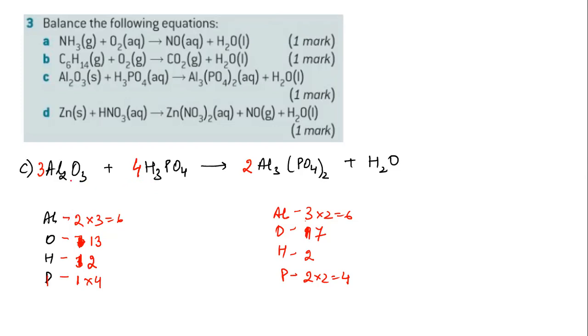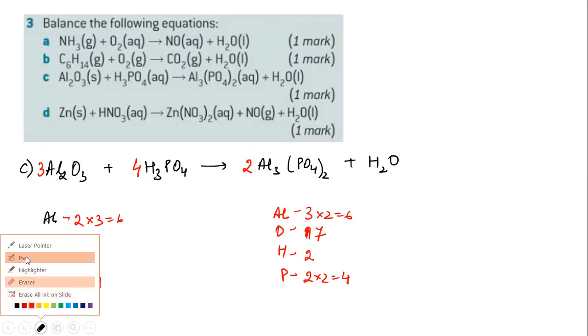Oxygen will be equal to, this one is 9 plus, yeah, I got this as 9. Now 4 into 4, 16. This one will become 25. Oxygen will become 25.